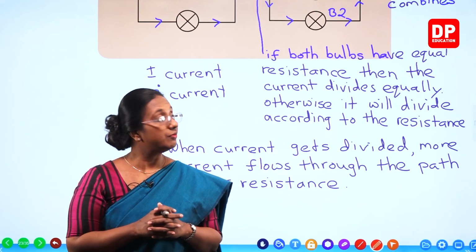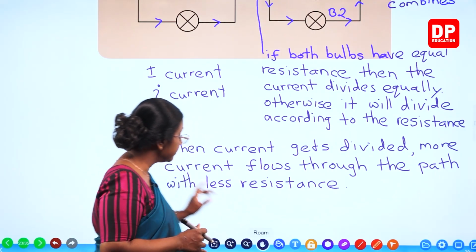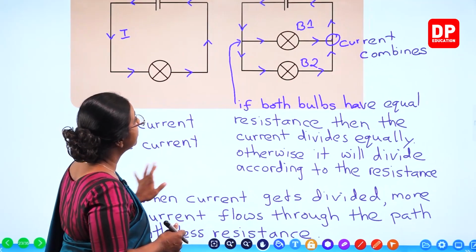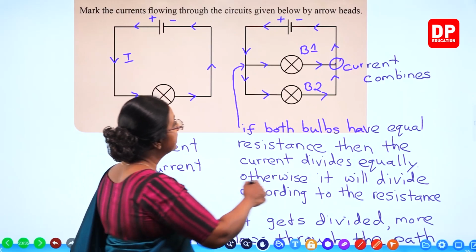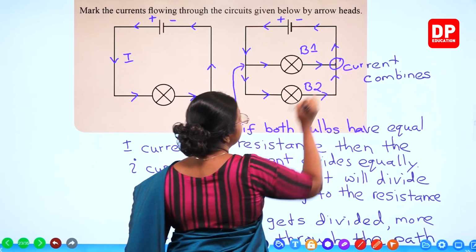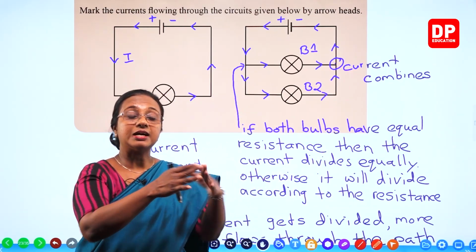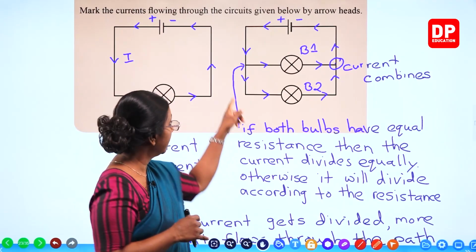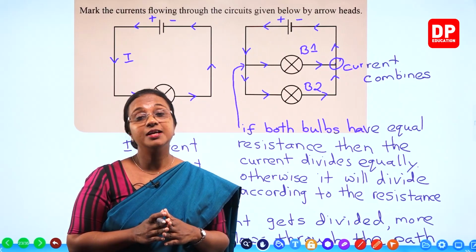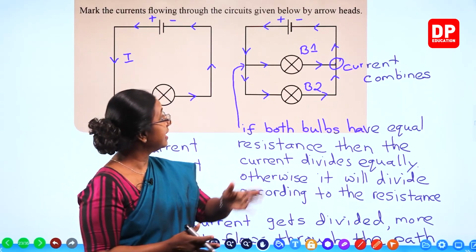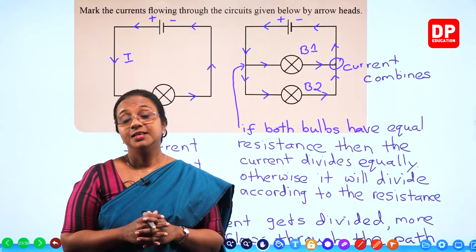So you have to remember that. And if the resistances are equal, then of course the current will divide equally. And then again they will meet at this point where the two conductors meet. At this point the current divides, and at that point the current joins again, combines and flows back to the battery.